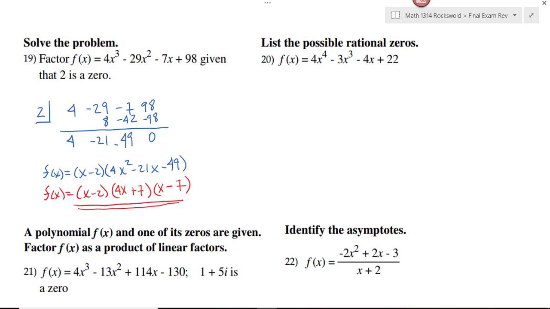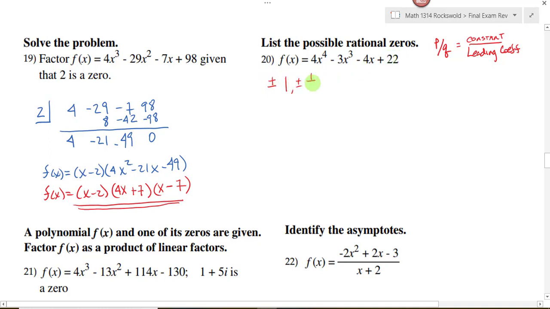On number 20, we're asked to list all possible rational zeros. Do y'all remember that was the p over q, where p is the constant over the leading coefficient? So when I list all possible factors here, I'm going to look at factors of 22 over factors of 4. So that's going to be plus or minus 1, plus or minus 1/2, plus or minus 1/4.